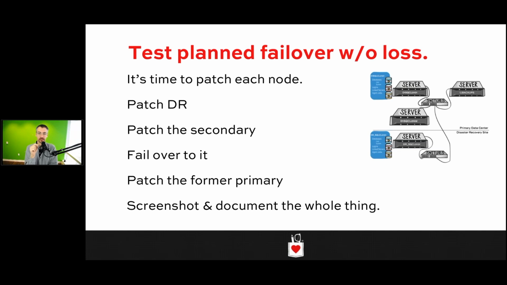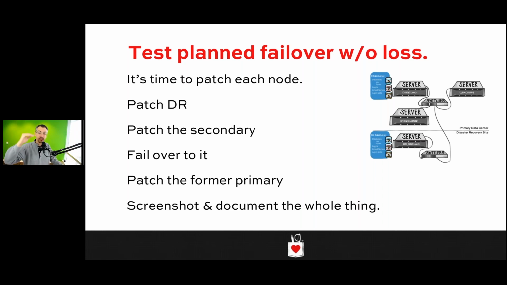The first way that you're going to break it is you're going to do a planned failover without data loss. When I say planned failover without data loss, you're going to act as if, say, it's a patch window. You're going to patch the secondary, do a planned failover from the primary to the secondary, patch the former primary. You're going to fail all the way down to disaster recovery, as if you know a hurricane is approaching or that you have to evacuate the primary data center due to lease changes or whatever.